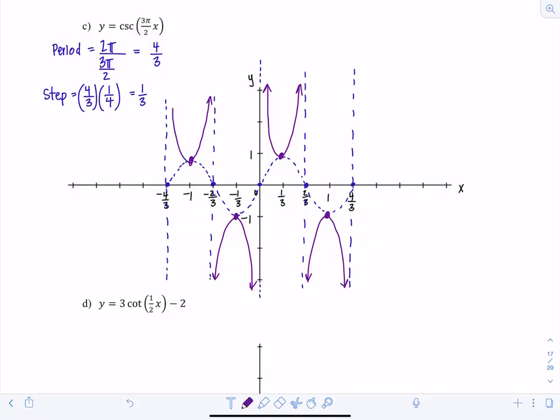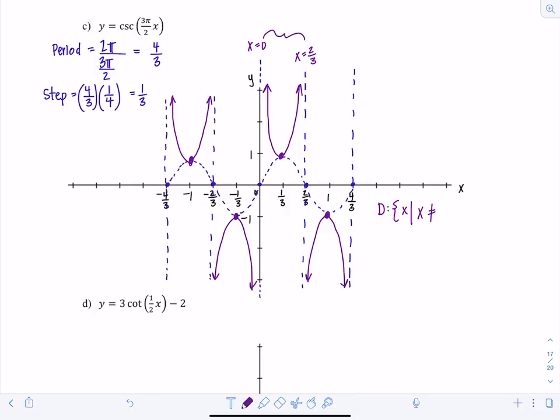Looks good. Great. Now let's list the domain and range. Okay, so the domain is all x's such that x cannot equal. Well, notice we have our first vertical asymptote at x equals 0, and then the next one is at x equals 2/3.